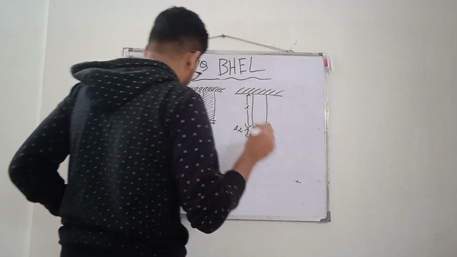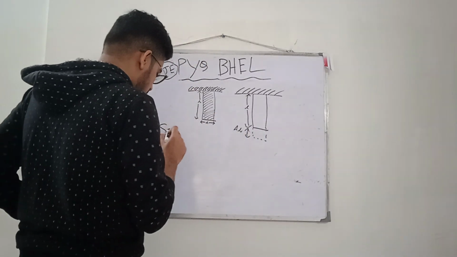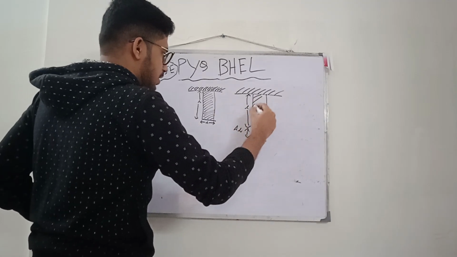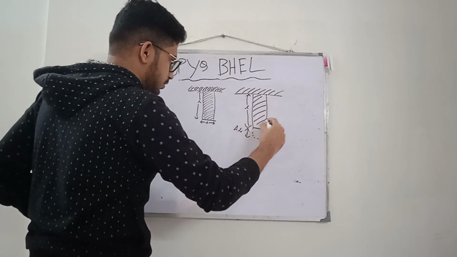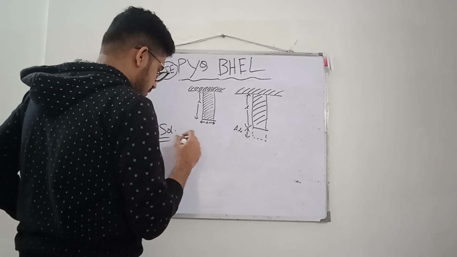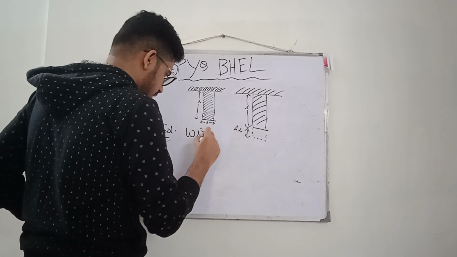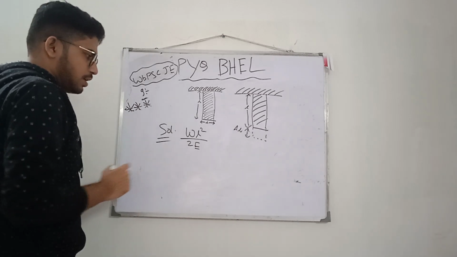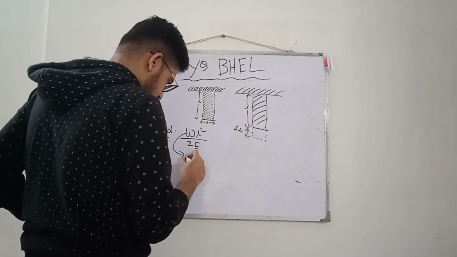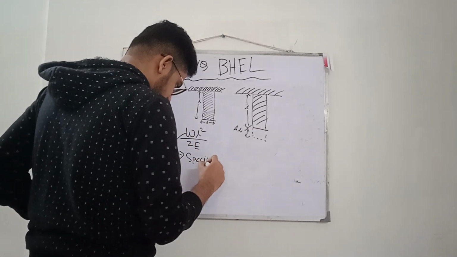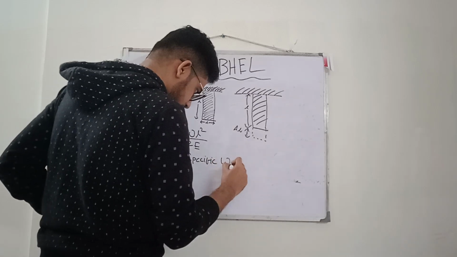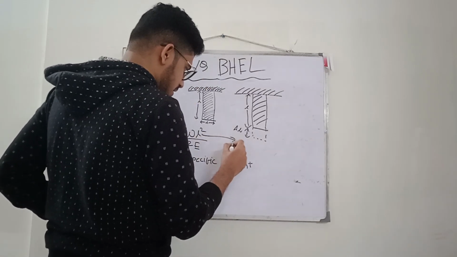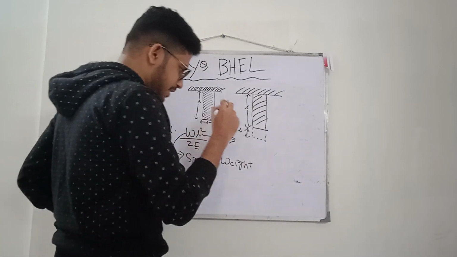So this is the concept of the question. The formula will be this: W L square by 2. W means specific weight. L means its total length.